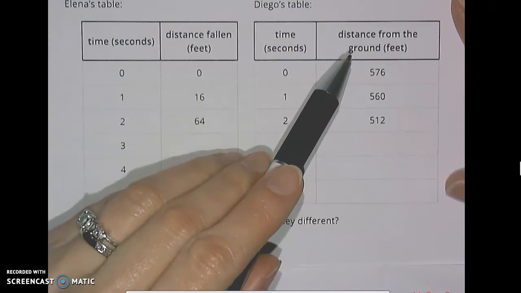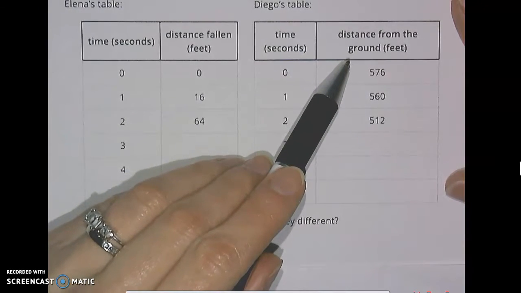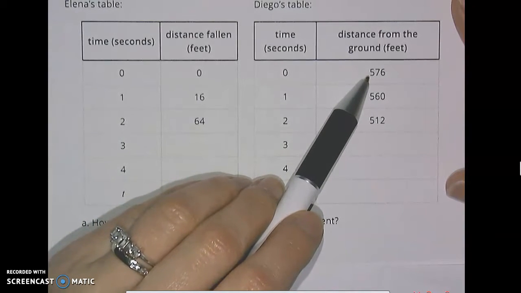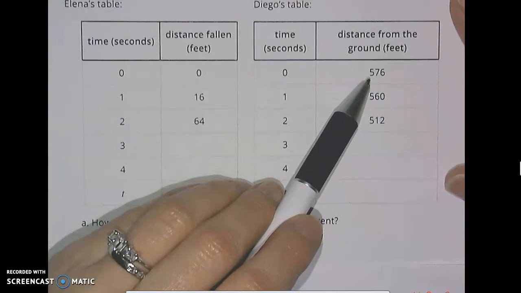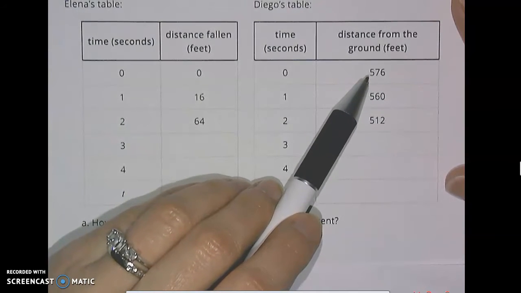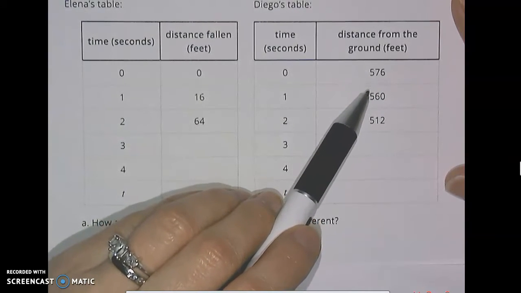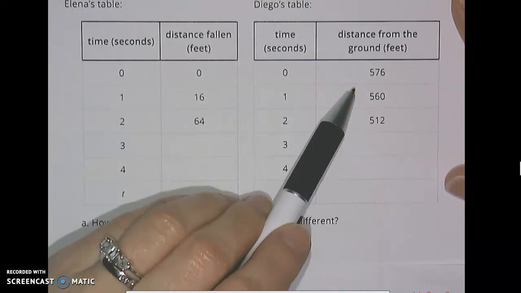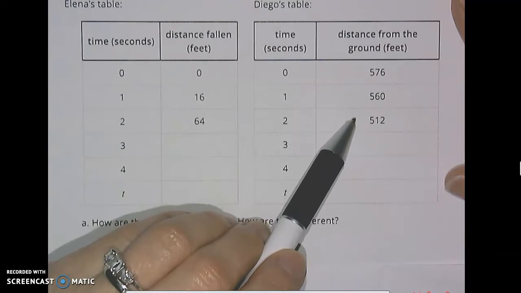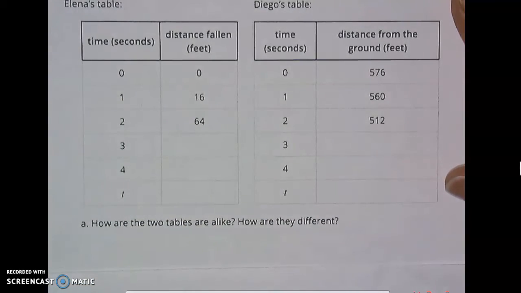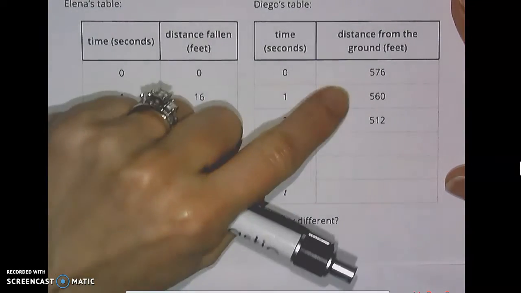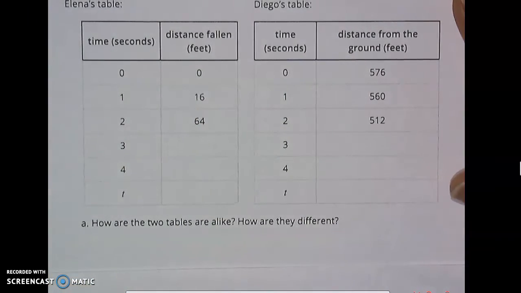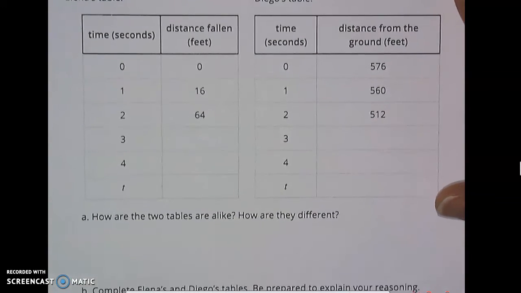Diego is talking about the distance from the ground. Okay, so before he drops it, if they're dropping the object from 576 feet, it's starting with that. And then it's going to fall, which means it's getting closer to the ground. And with each time, it's going to get closer and closer. It's going to have a bigger spread in between these, a bigger interval. Okay, so that's how they're alike and how they're different.